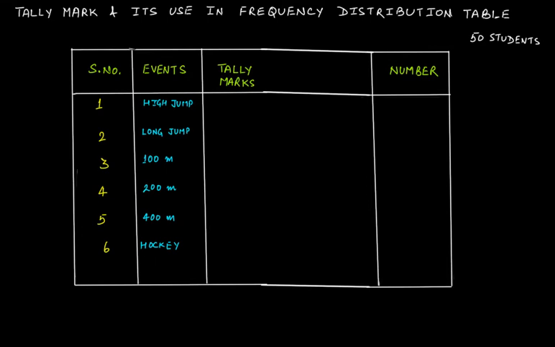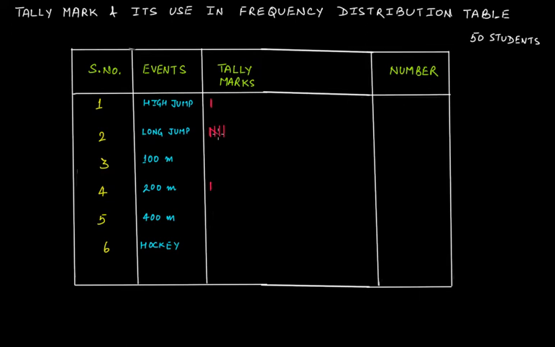So this is long jump. Enrollment number 2 says 200 meter. Then 3 says high jump. Then 4 says long jump, 5 says long jump, 6 says long jump. So 1, 2, 3, 4, and the 7th also says long jump.